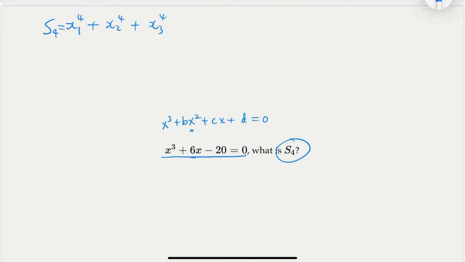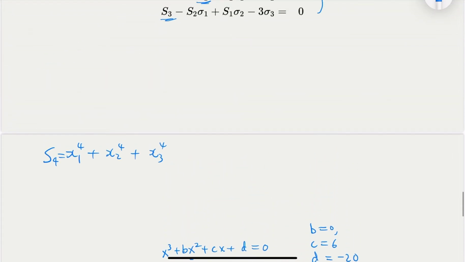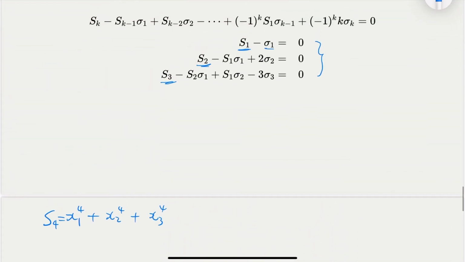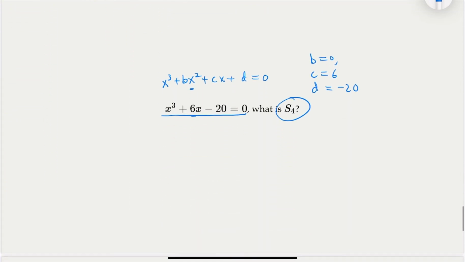But in this case, we don't have the x squared term, so b equals 0, c equals 6, and d equals negative 20. So what are sigma 1, sigma 2, and sigma 3? From earlier, we know that sigma 1 equals negative b, which in this case is 0.